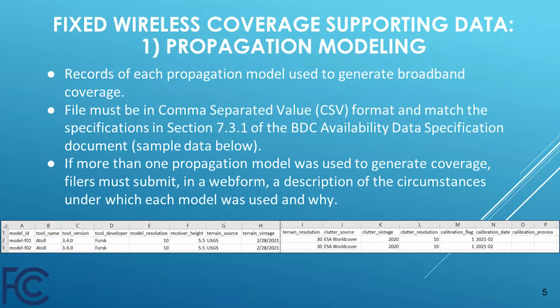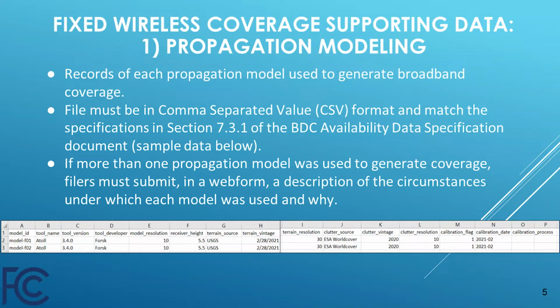If a filer uses more than one propagation model to generate fixed wireless broadband coverage, it must provide a description of the circumstances under which each model is deployed and why in the propagation model conditions explanation part of the BDC system.